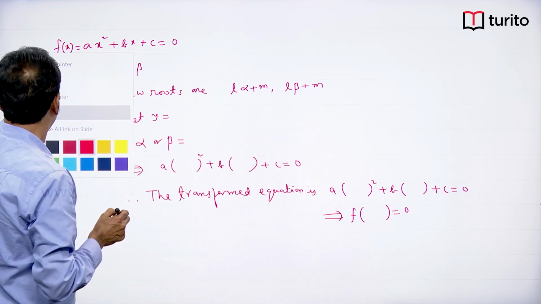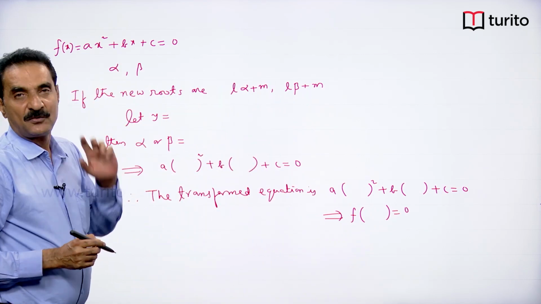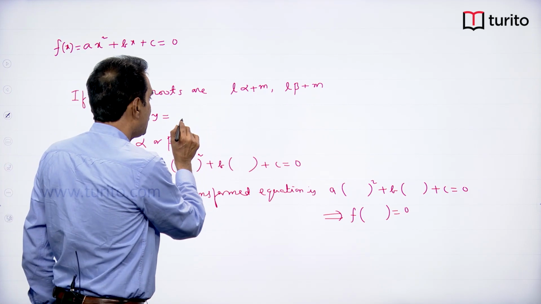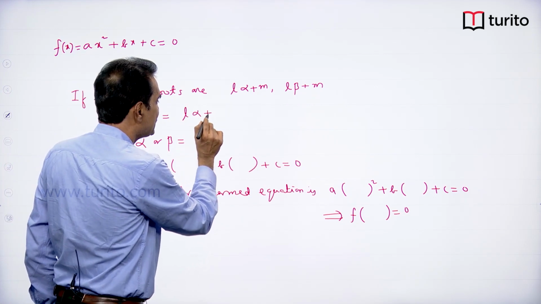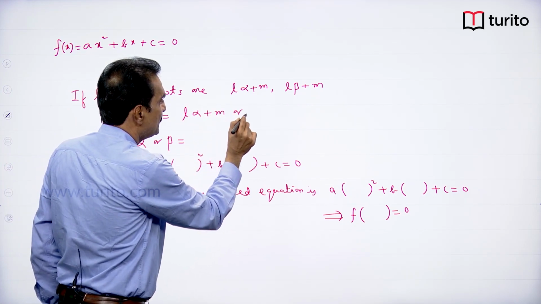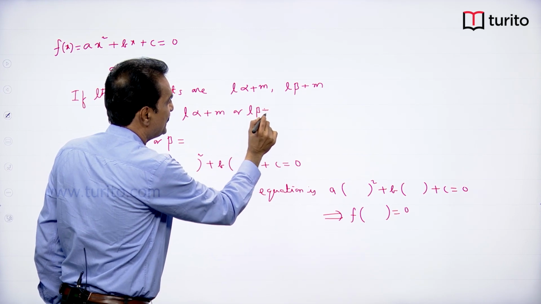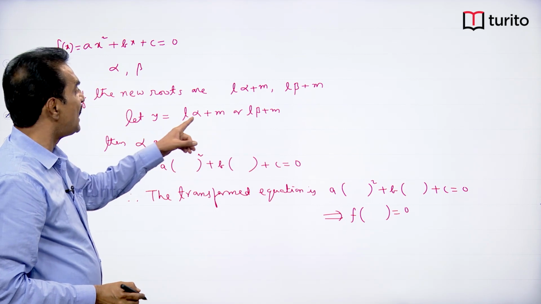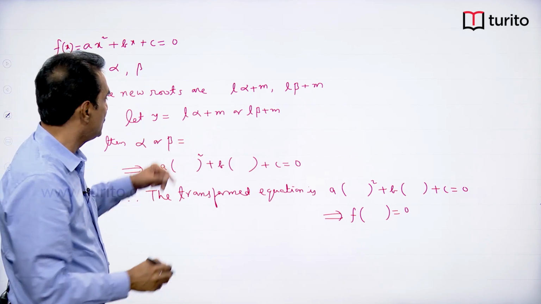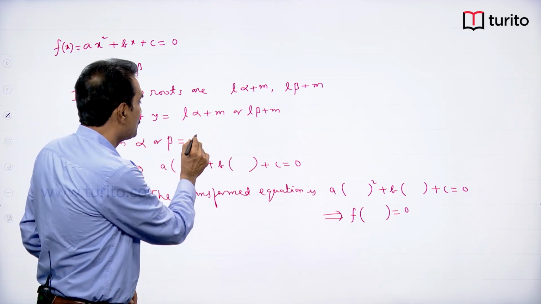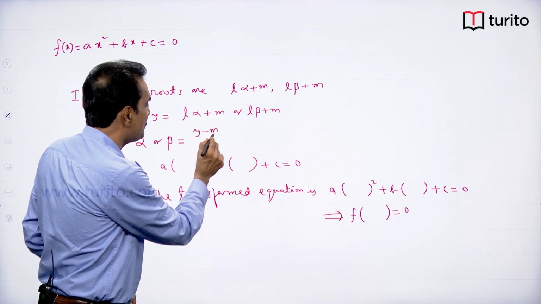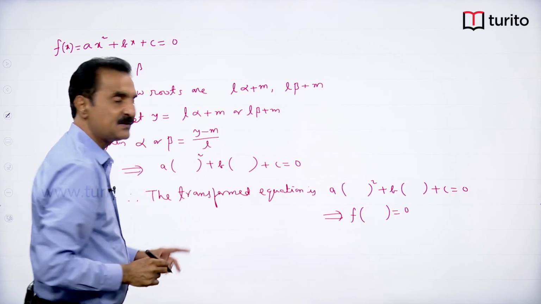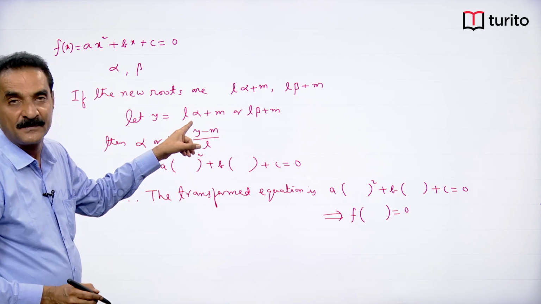See, same steps. Let y be equal to any one of the new roots, L alpha plus m or L beta plus m. Here L and m are constants. Then calculate alpha or beta from this. Alpha or beta will be equal to y minus m by L. Is it not? Observe.